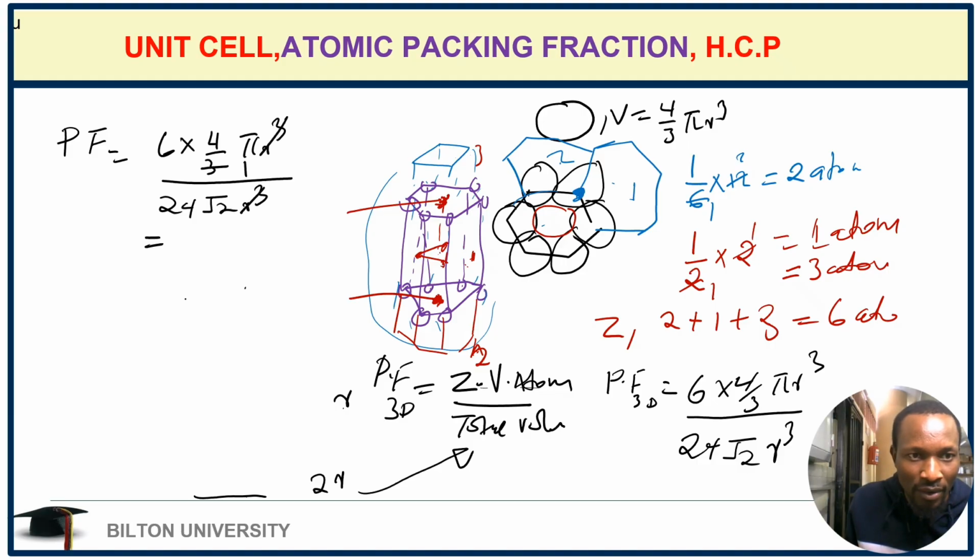So this is the same as saying r cube will cancel r cube. 3 goes into 3 once, and into 6 it goes 2 times. So 2 times 4 is 8. So we're going to remain with 8 pi over 24 root 2, and 8 goes into 8 once, and into 24 it goes 3 times.